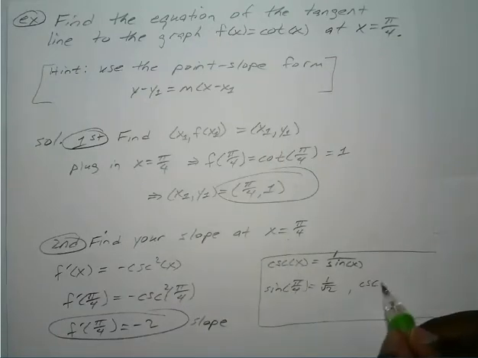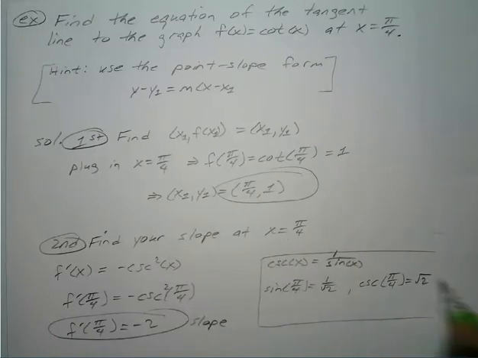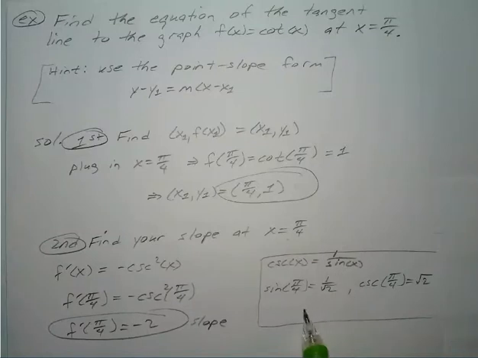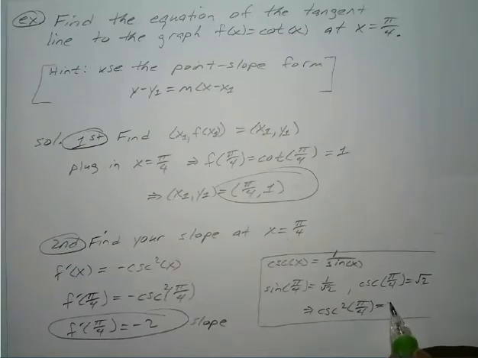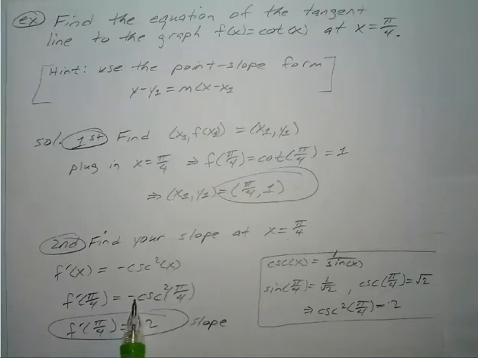So cosecant of pi over 4 equals square root of 2 over 1, or just square root of 2. So cosecant squared of pi over 4 is square root of 2 squared, which is just 2. And remember, that's a negative, so that would be negative 1 times cosecant squared of pi over 4. So that negative just follows right down.